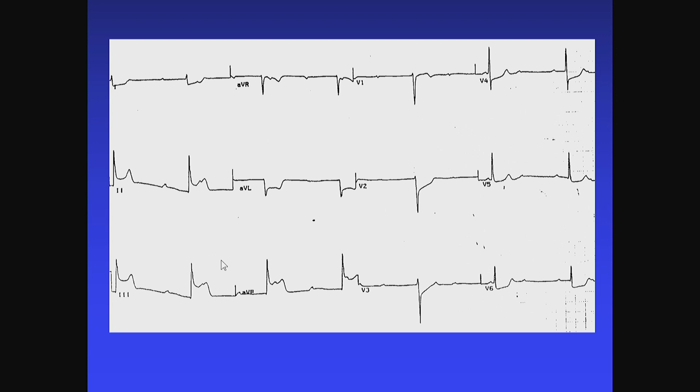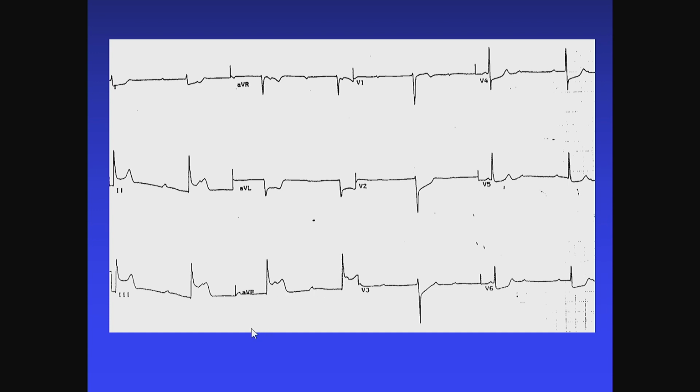This slide shows a patient with an inferior ST elevation myocardial infarction, looking at leads 2, 3, and AVF, and associated complete heart block. The P waves march out and are more rapid than the QRS.